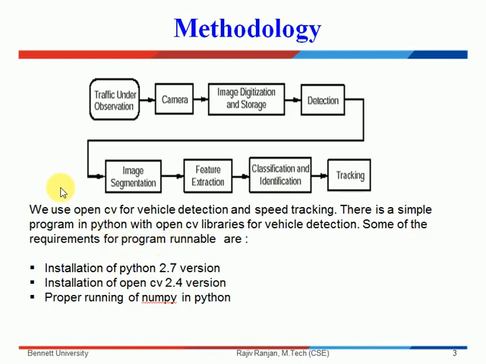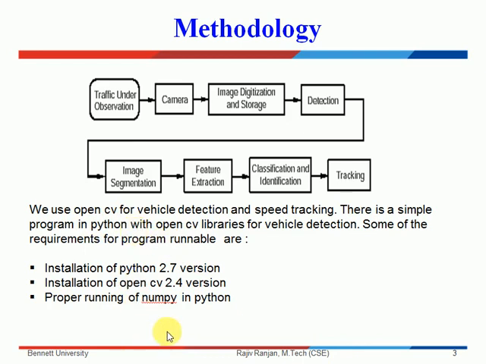So here I am using OpenCV for vehicle detection and speed tracking. OpenCV is an open source computer vision library, and I am using this library for Python programming.